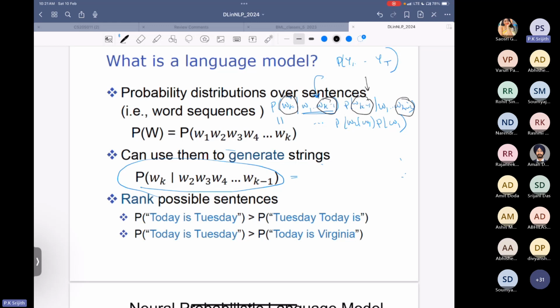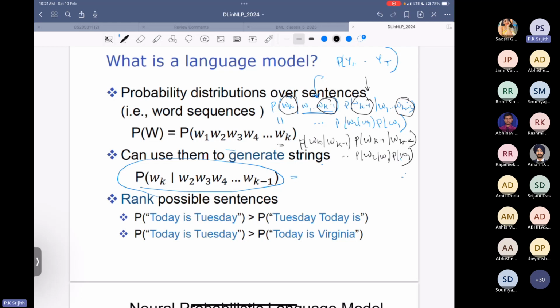So you will end up writing this joint distribution as something like P of WK given WK minus 1, WK minus 1 given WK minus 2, up to W2 given W1 into P of W1. This is how you write it by assuming a first order Markov assumption over this joint distribution.